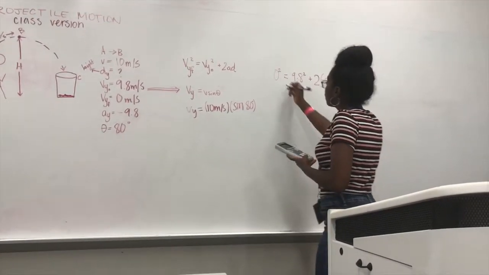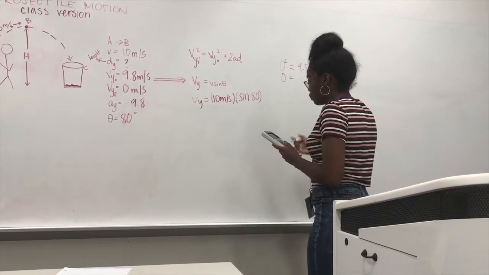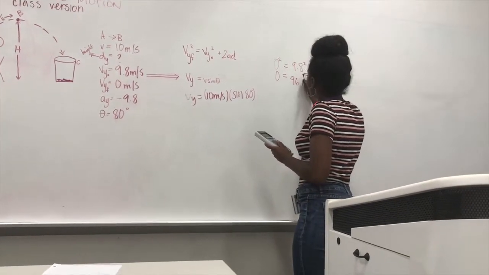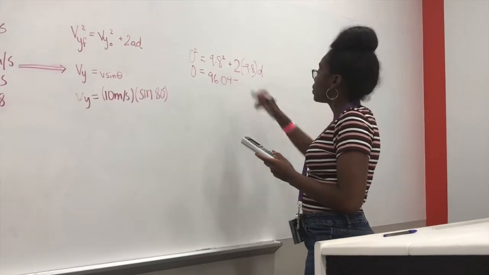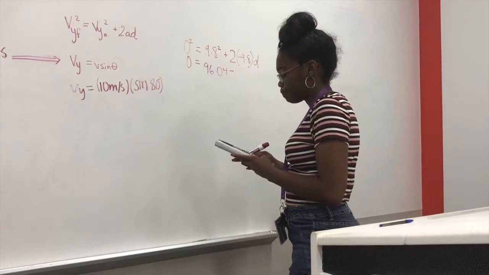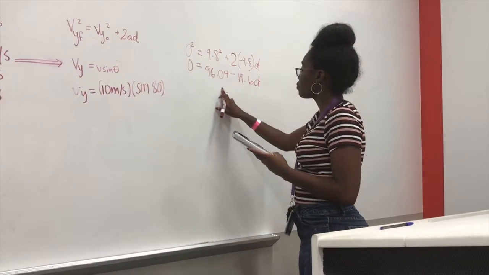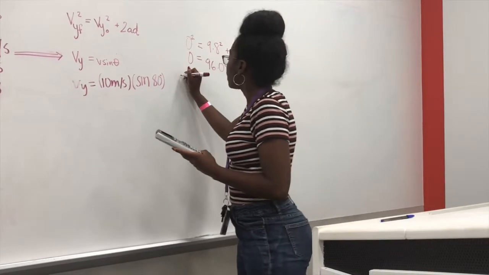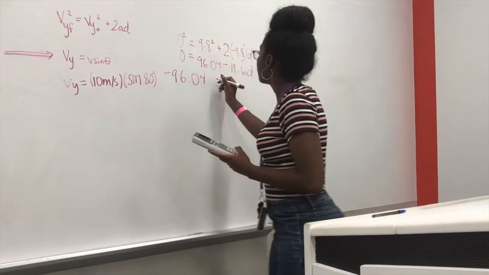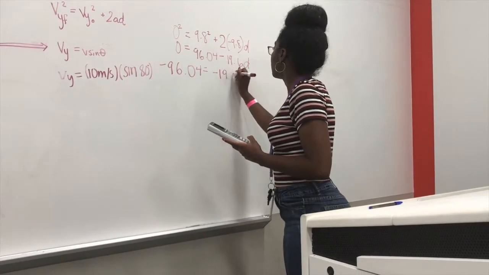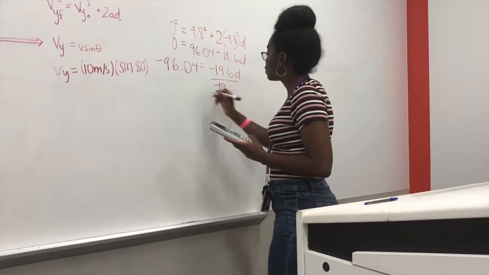So 0 squared is 0, equals 9.8 squared, which is 96.04, then minus 2 times 9.8, which is 19.6, and then d. So we move the 96.04 over, and you'll have negative 96.04 equals negative 19.6d. You divide each side by negative 19.6.